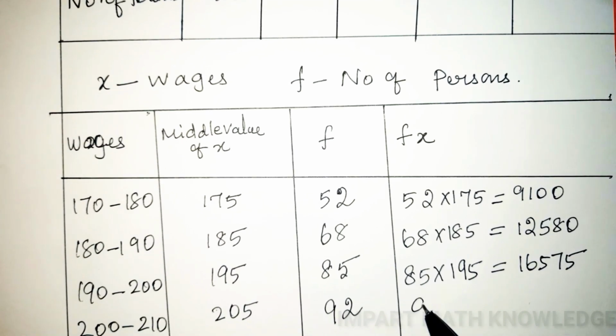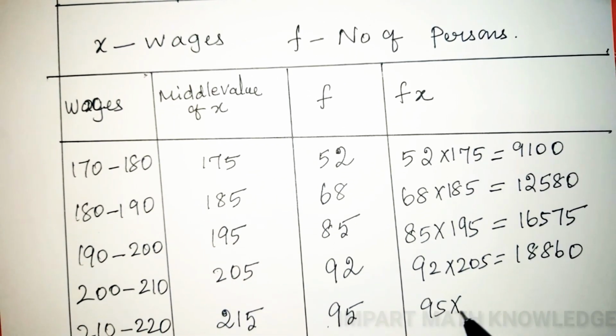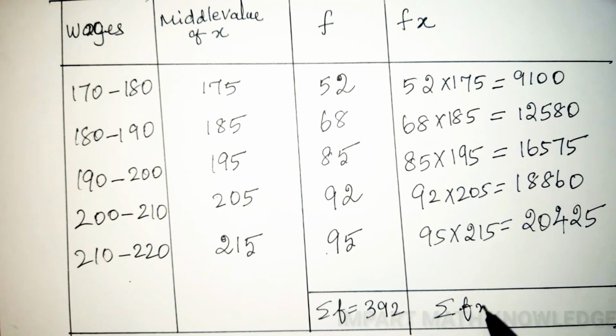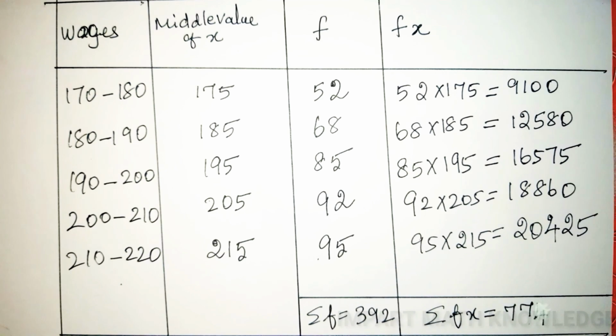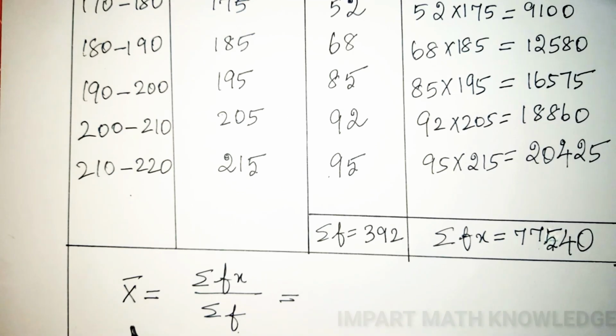Then 92 into 205, the value is 18860. Then 95 into 215, the value is 20425. You have to find the total value. Sigma fx is equal to 77,540. The formula for calculating arithmetic mean is sigma fx by sigma f for a frequency distribution.